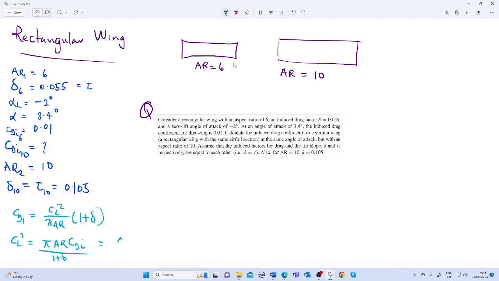That gives us pi times 6 times 0.01 over 1 plus 0.055. Our calculated CL becomes 0.4227.